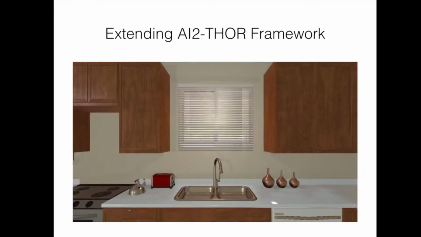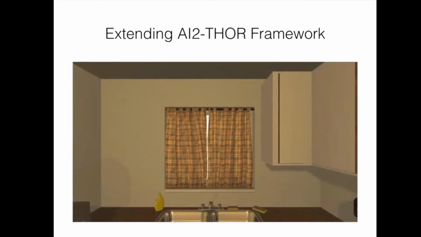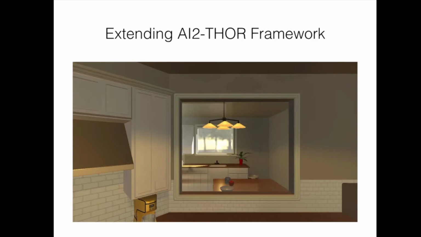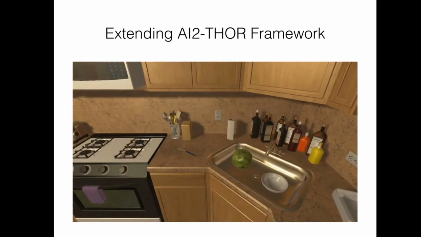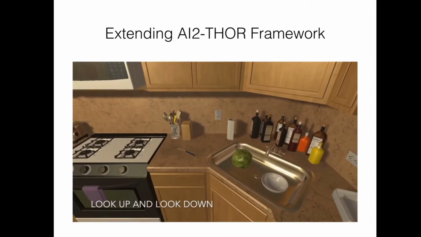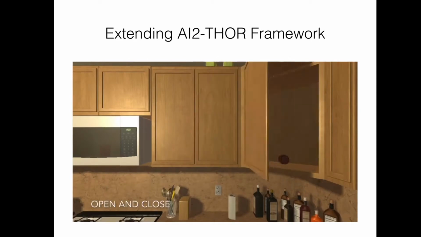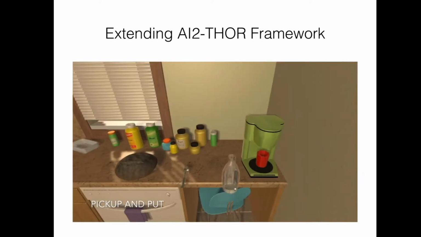Our agent can interact with the environment via 7 high-level actions. Some actions take arguments of either a location or an object. These actions are navigate to a point, look up and look down, open or close a container, pick up an item, and put an item down in or on a receptacle.